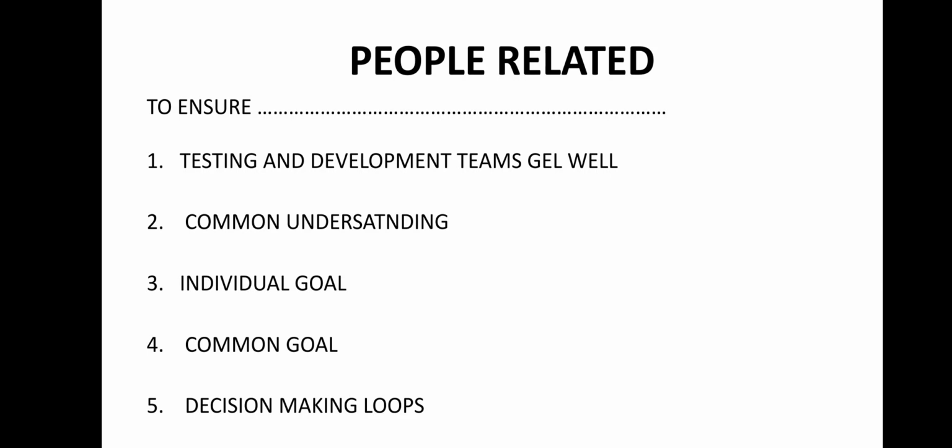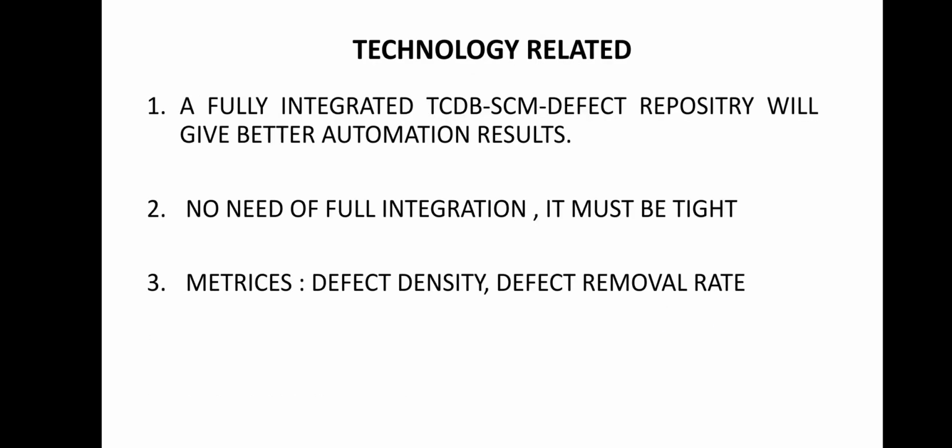Now the next is technology related. In terms of technology, we can talk about test case database, that is known as TCDB, software configuration management, that is known as SCM. You can also consider change control, version control. You can also consider the defect repository database.